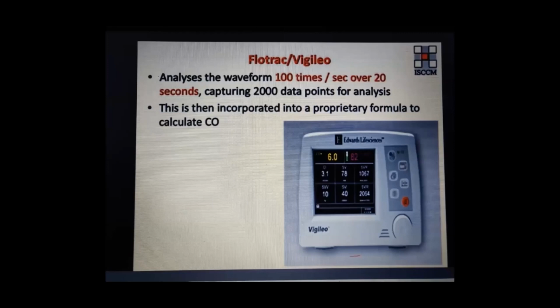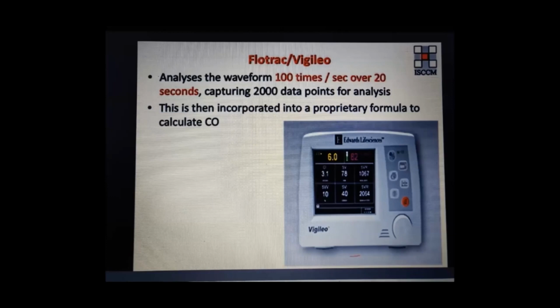So let's discuss this FloTrac Vigileo a little bit in detail. This monitor, FloTrac Vigileo, analyzes the waveform about 100 times per second over 20 seconds. 100 multiplied by 20, what do you get? About 2000 data points for analysis.